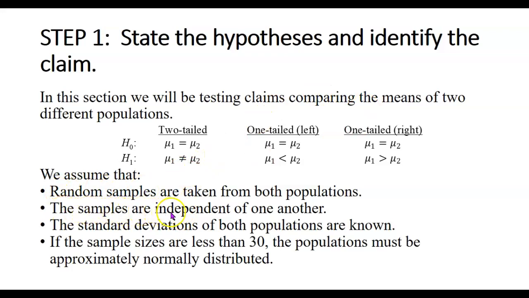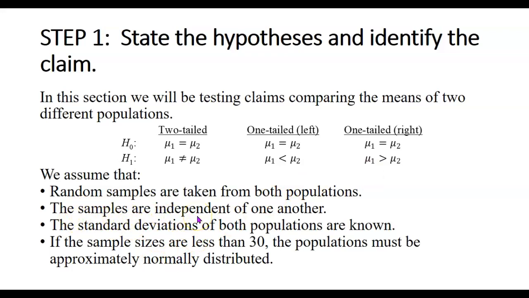So I said I'd say more about what it means for the samples to be independent of one another. Let's say, for example, you wanted to test a claim about the average amount of housework done by married women versus married men, done by wives versus husbands.